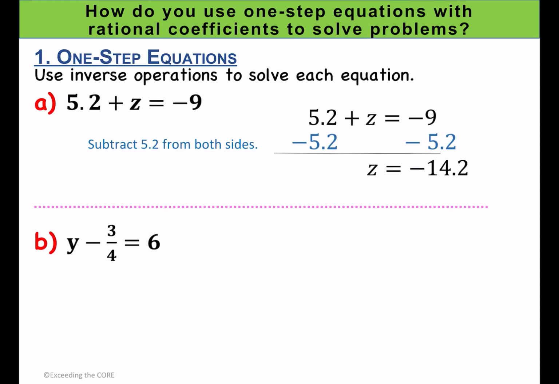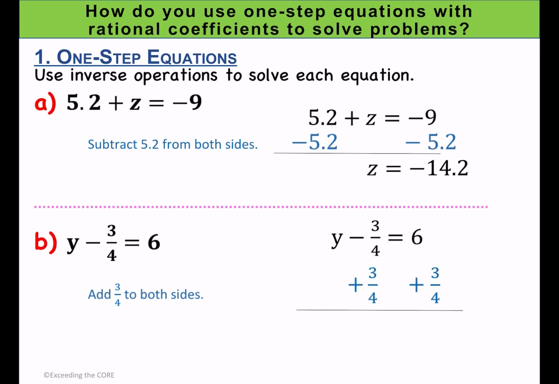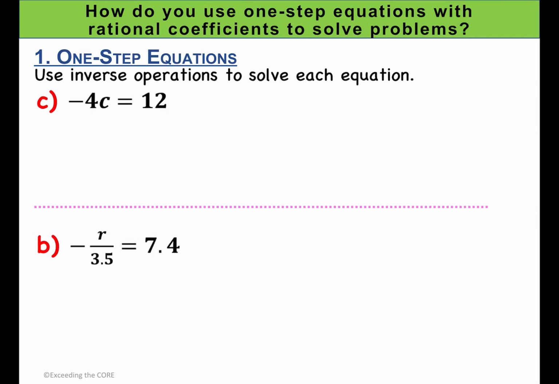And then on b, I have y subtract 3/4 equals 6. So I want to add 3/4 to both sides to get rid of the 3/4 from the y. So that gets y by itself, but then I have 6 plus 3/4, which is pretty easy. That's 6 3/4.